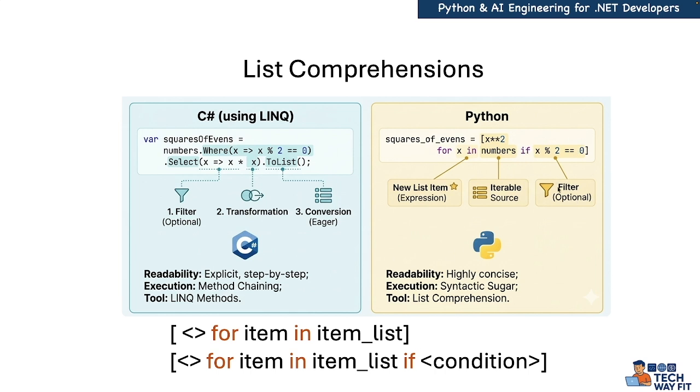The condition is optional. So the first section is the transformation: transformation for an item in item list. Similarly, transformation for item in item list if any specific condition is satisfied.